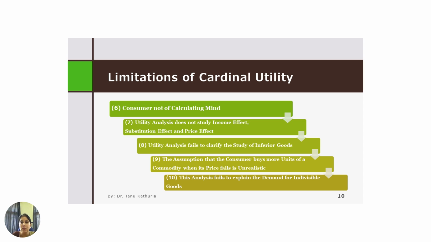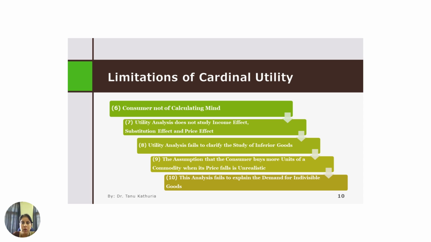So this assumption will not hold when you measure the concepts in money terms. This analysis also fails to explain the demand for indivisible goods. I cannot measure the indivisible goods when it comes to utility measurement. When I cannot divide the goods, I cannot measure their utility.